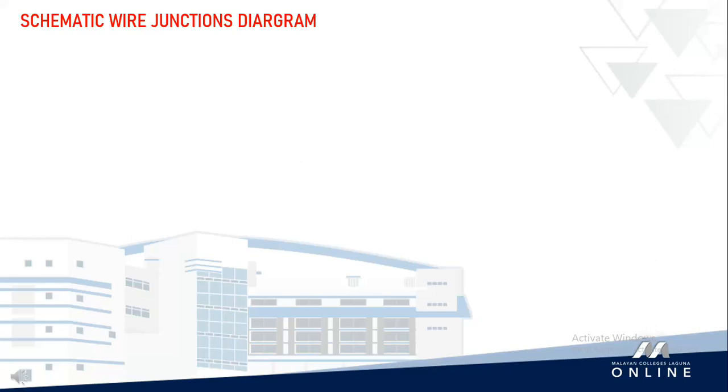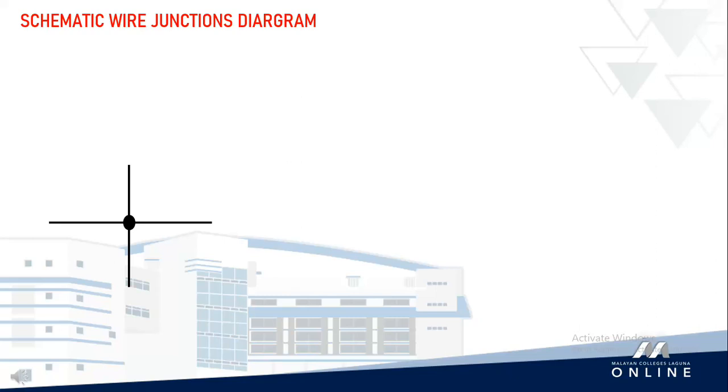The last set of illustrations we have is for schematic wire junctions. Here, we will enumerate the symbols for wires, cables, and connectors in an electric circuit diagram. First, if you see two wires crossing each other, the point of connection has a small solid dot.